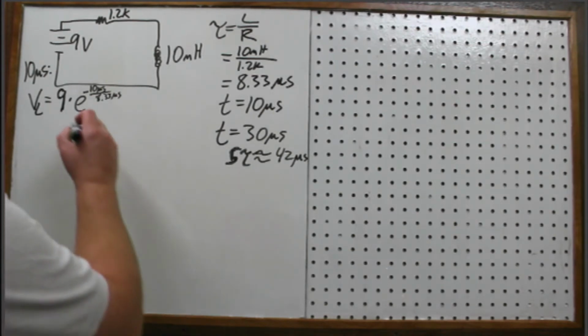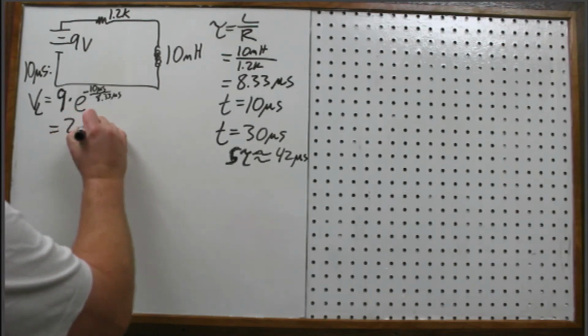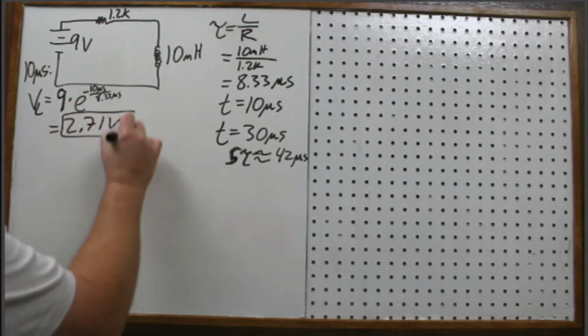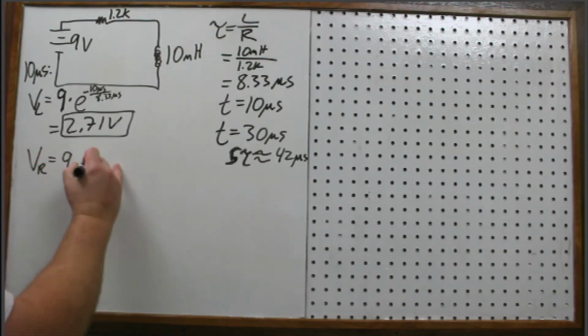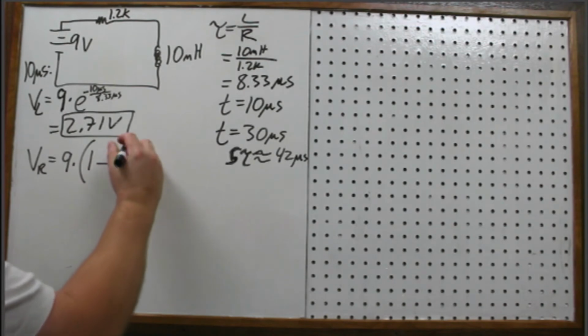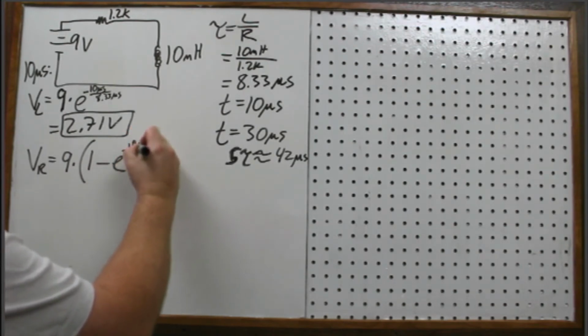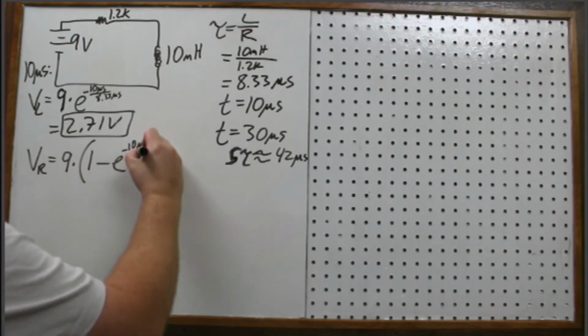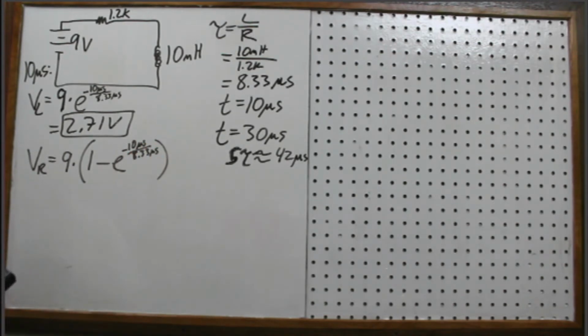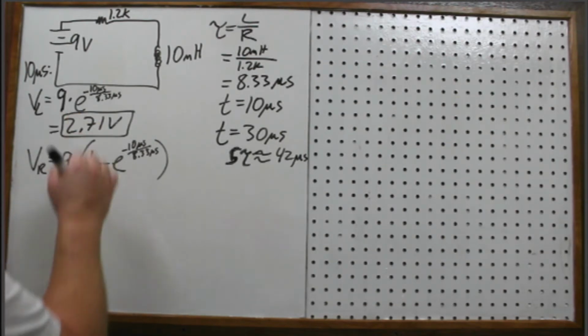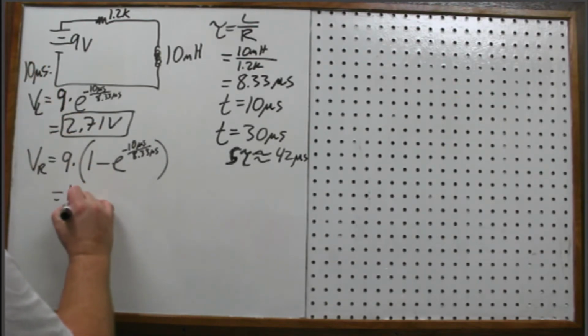And I get 2.71 volts. Voltage on the resistor is going to be 9 times 1 minus e to the negative 10 microseconds over 8.33 microseconds. So I can modify my equation slightly here, add a couple of parentheses. I come up with 6.29, which is good because these two numbers should add up to 9 volts.